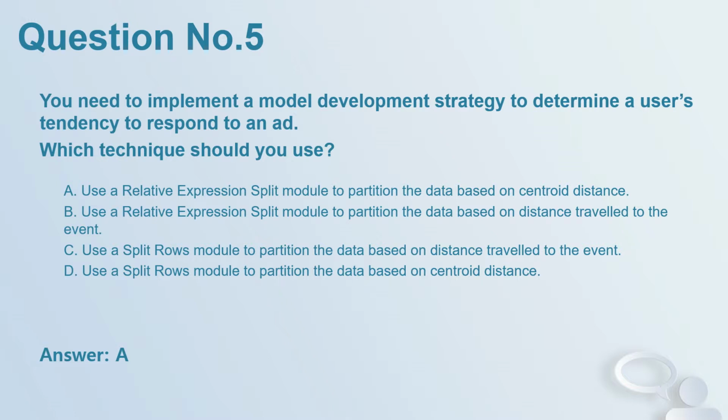B. Use a relative expression split module to partition the data based on distance traveled to the event. C. Use a split rows module to partition the data based on distance traveled to the event. D. Use a split rows module to partition the data based on centroid distance. Answer: A.